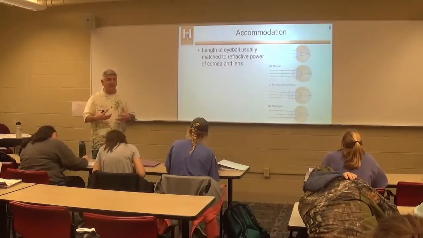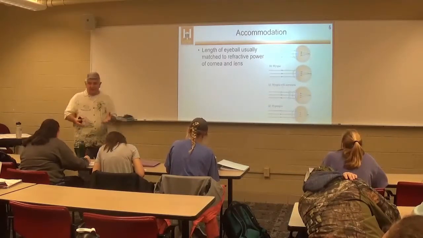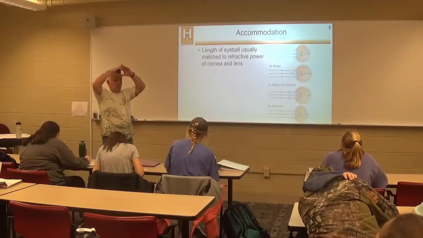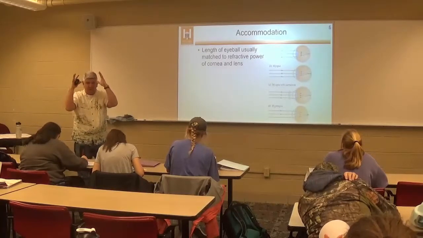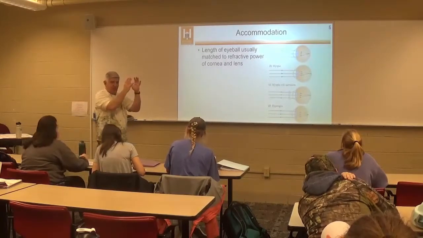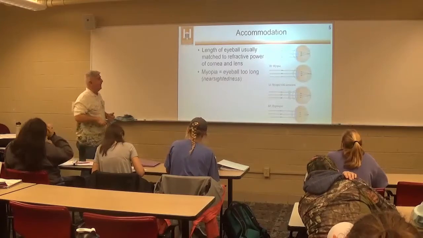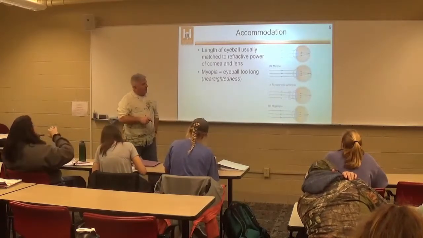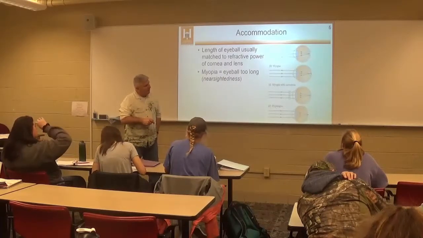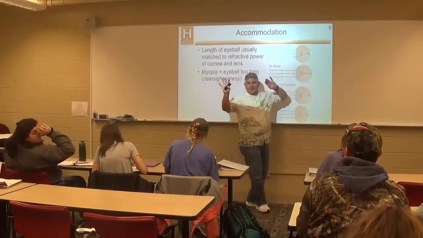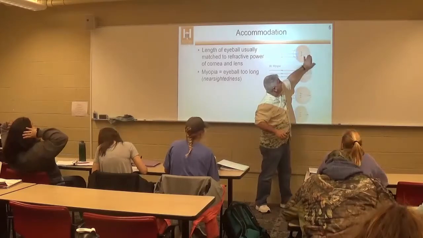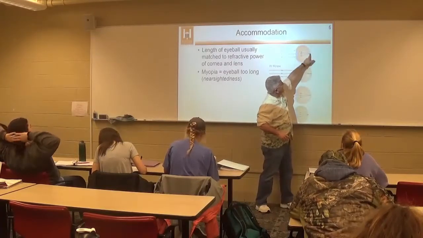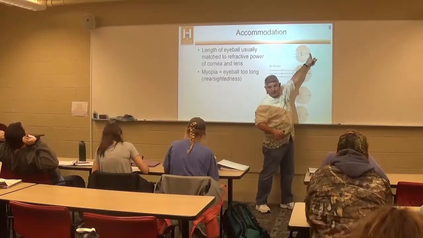But in the case where it's not, either the eyeball is a little bit more like a football shape, a little more elongated, or a little bit smushed where it's not exactly round, then we get conditions like myopia. In a normal, healthy eye, that image gets focused right on the retina.